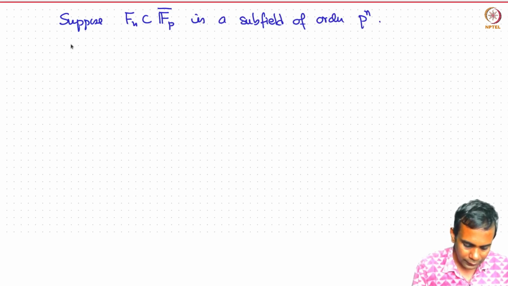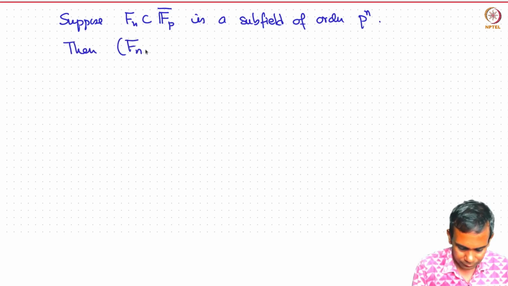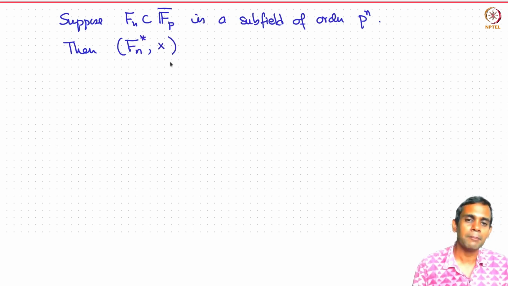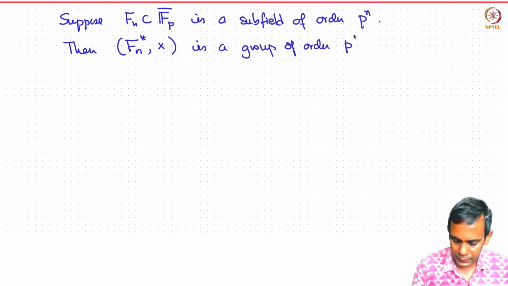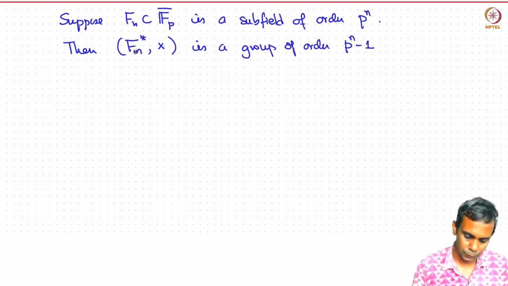Then you can look at the non-zero elements of Fn under multiplication. This is a group of order p to the n minus 1; we've just removed 0.